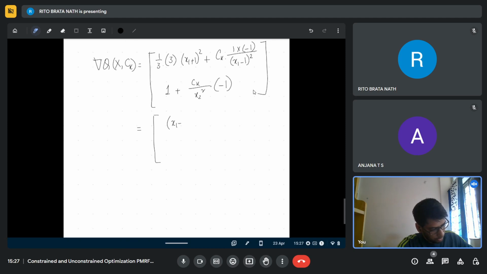So this is (x1 plus 1) whole square minus ck divided by (x1 minus 1) whole square, and this is 1 minus ck by x2 square. As before, you can also set this to 0, 0.